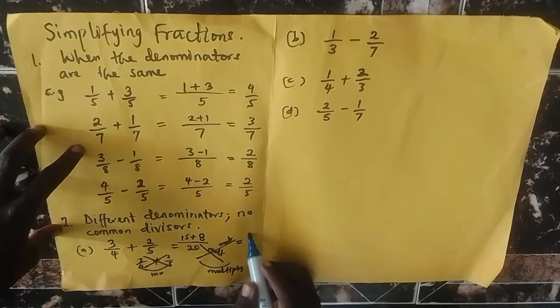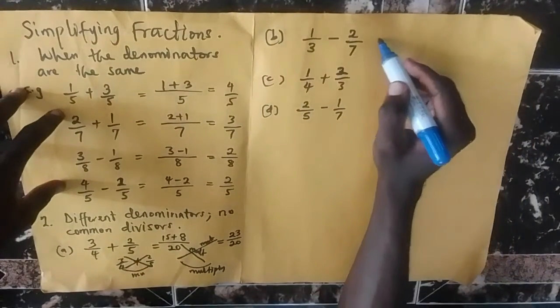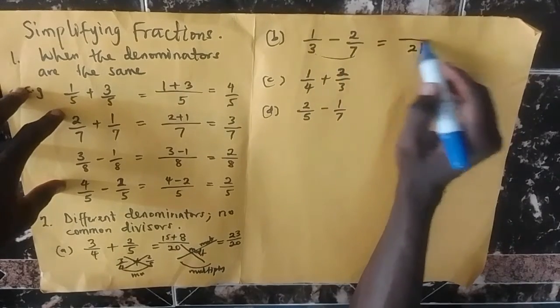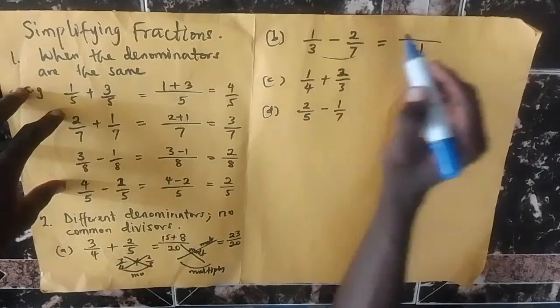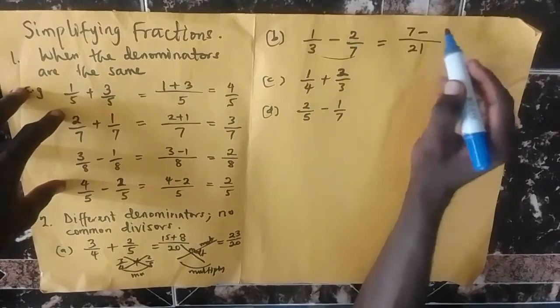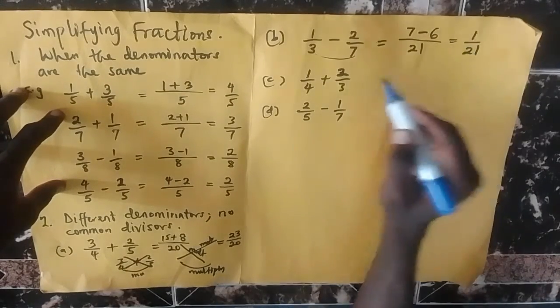And that will give us 23 over 20. In this second part here, we have 3 times 7, 21, 7 times 1, 7, minus 3 times 2, 6. That gives us 1 over 21.